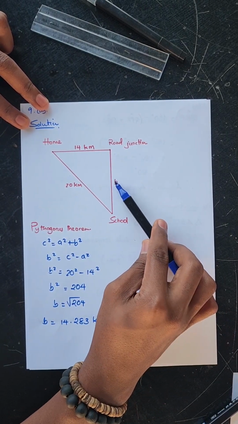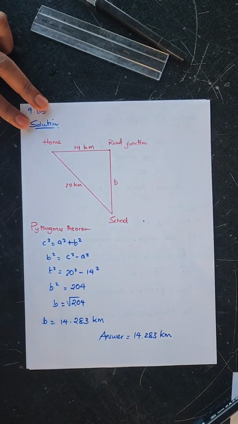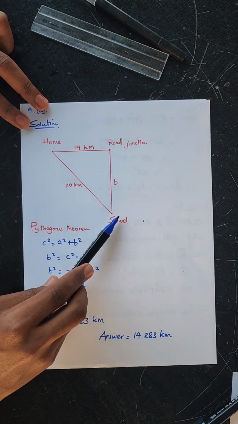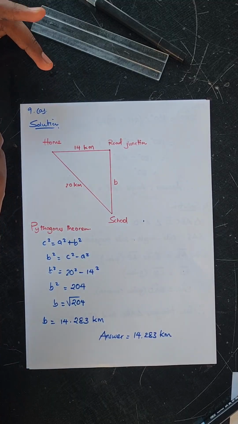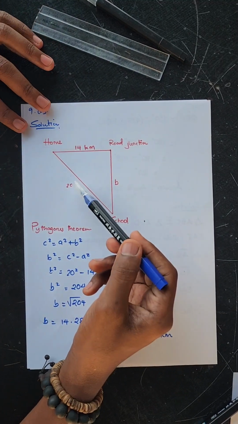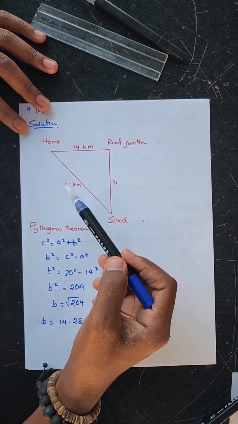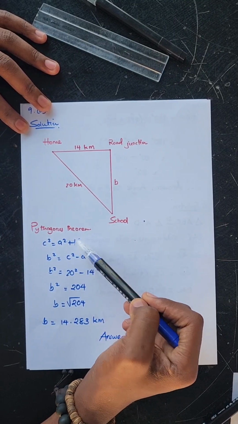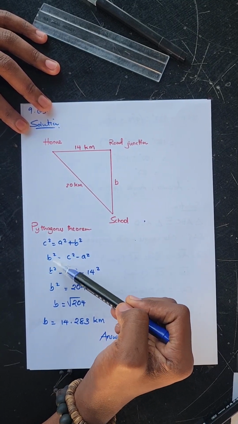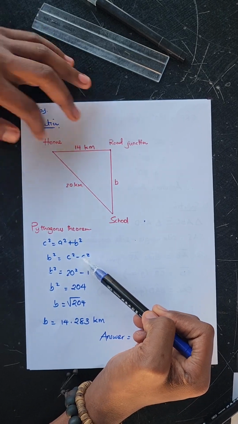We've not been given this distance, but we were told the shortest distance from home to school is 20 kilometers. So this means that this forms a right angle triangle, and we apply the Pythagoras theorem, c squared equals a squared plus b squared. We make b squared the subject, b squared equals c squared minus a squared.